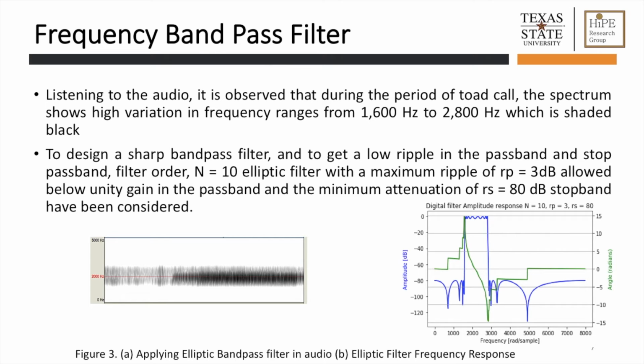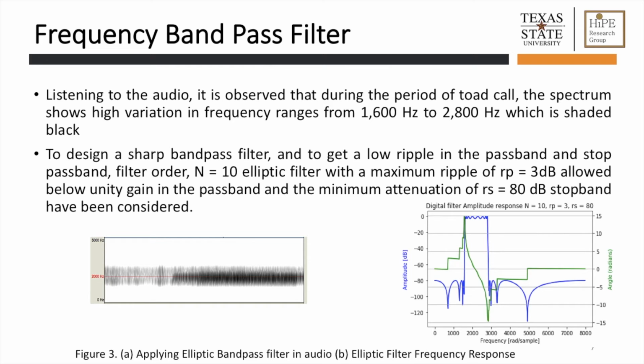In the first stage, we used a bandpass filter. Listening to the audio, it was discovered that during the period of a toad call, the spectrum shows high variation in frequency ranges from 1600 Hz to 2800 Hz, which is shaded black in the figure.